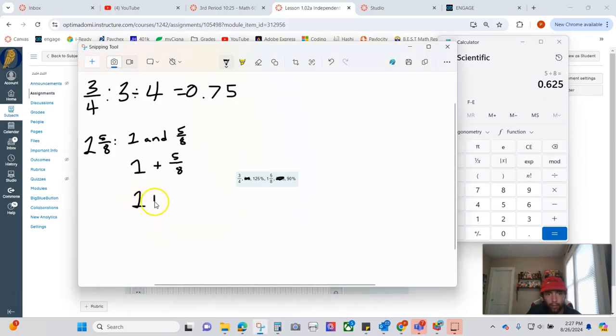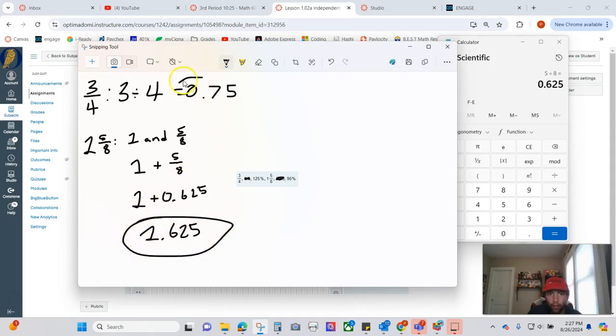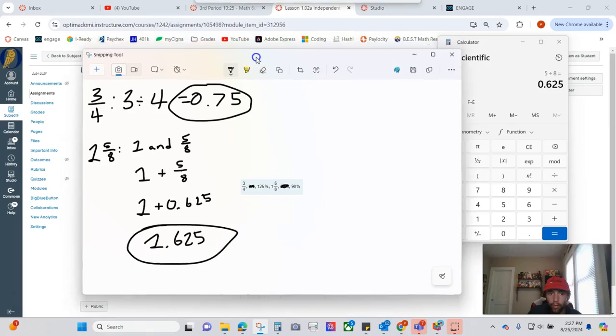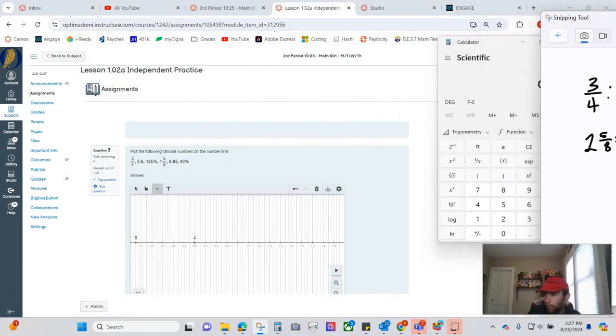So 1 and 5/8 is kind of the same as saying 1 and 0.625, or just 1.625. Let's plot these numbers on the number line, 0.75 and 1.625.